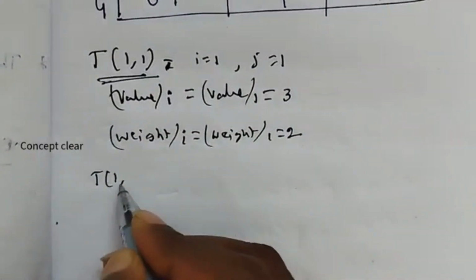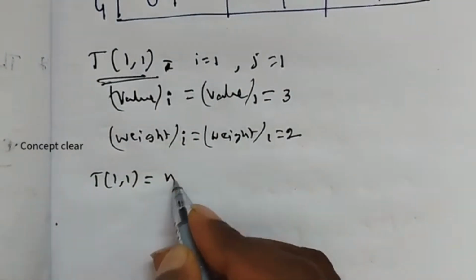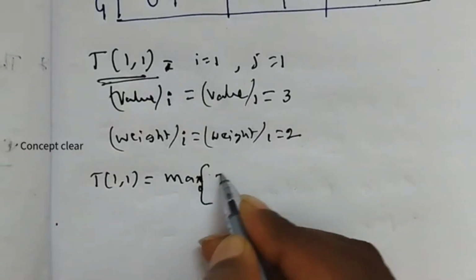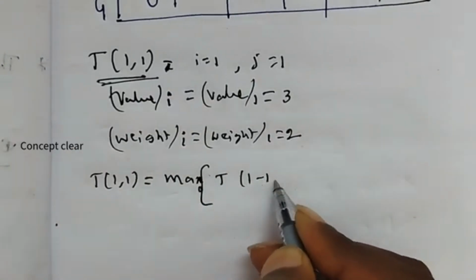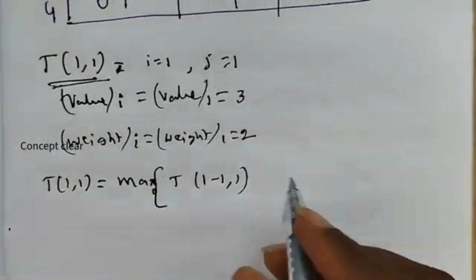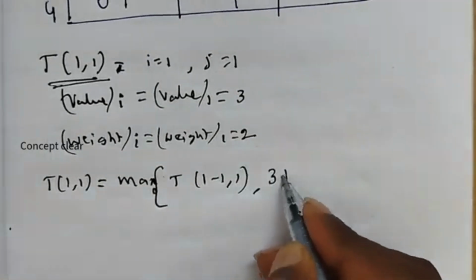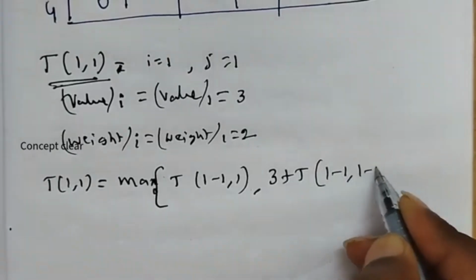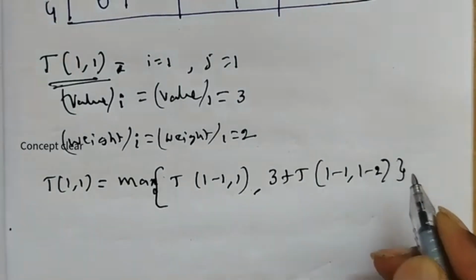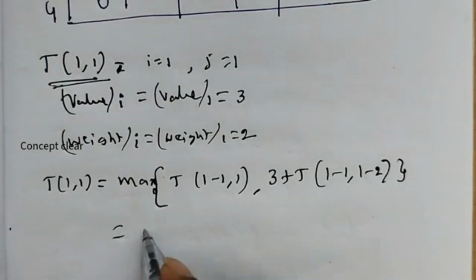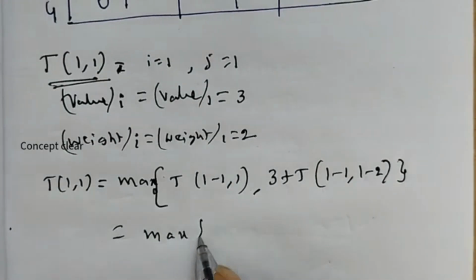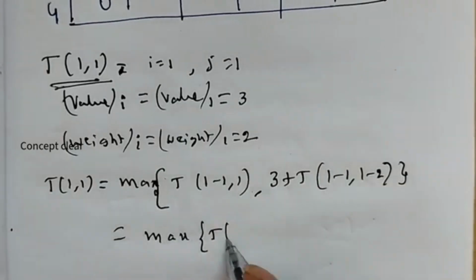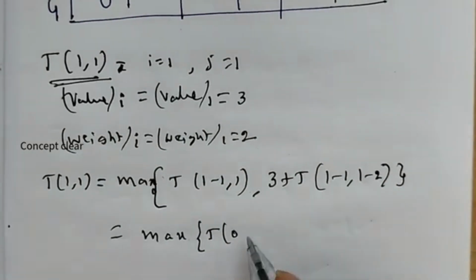T of 1 comma 1 equals max of T of 1 minus 1 comma 1 comma 3 plus T of 1 minus 1 comma 1 minus 2. Okay, that equals max of, here T of 1 comma 1, what is the value? 0 comma 1.